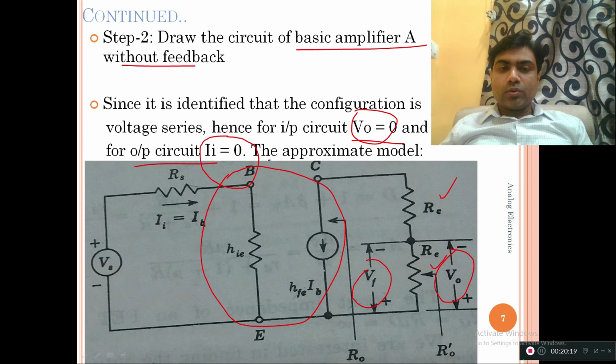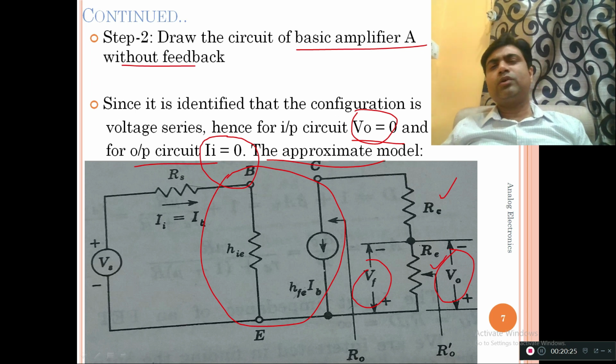Now just to remind you that we are using the approximate model, and when we use the approximate model we generally use the common emitter terminology. And in common emitter terminology, we only consider the value of HIE and the value of HFE. Here it is not the common emitter circuit, but we have made the common collector to be used like a common emitter circuit.